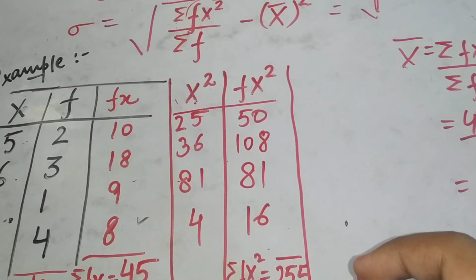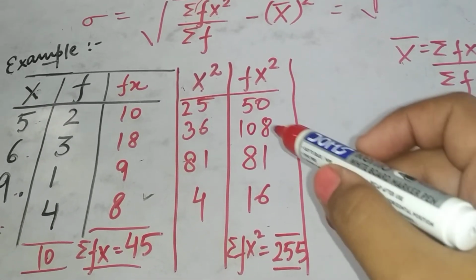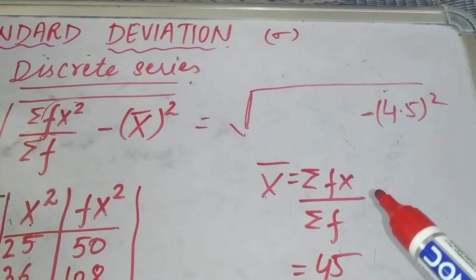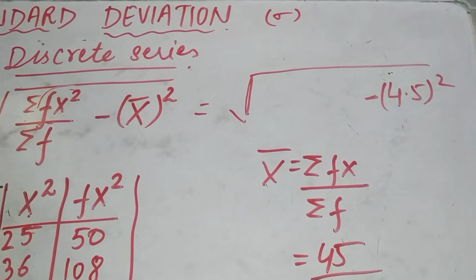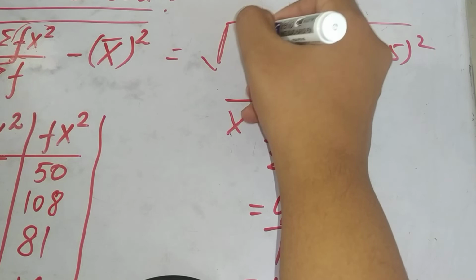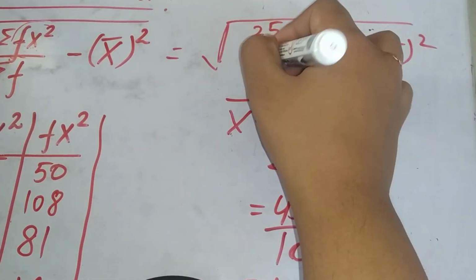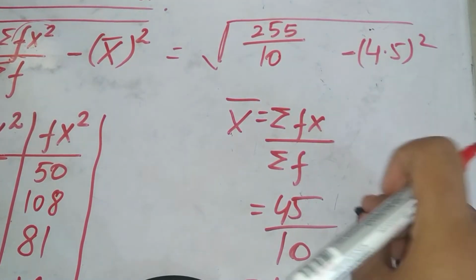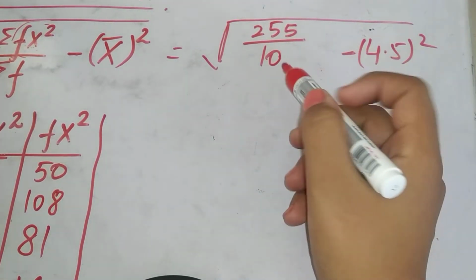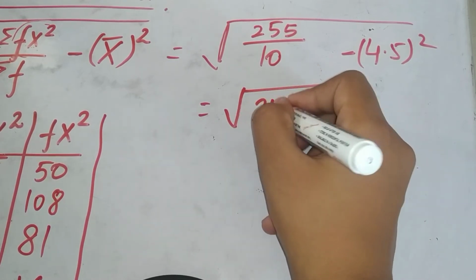Now we get all the values. Now it's time to put them in the formula. Summation fx square is 255 and summation f is 10. Summation fx square is 255 upon summation f is 10, and from this it will be 25.5.